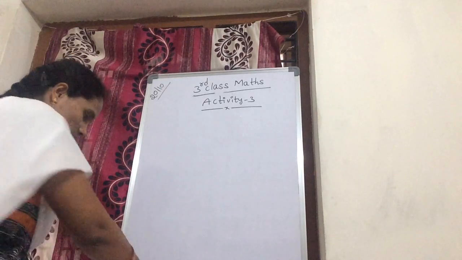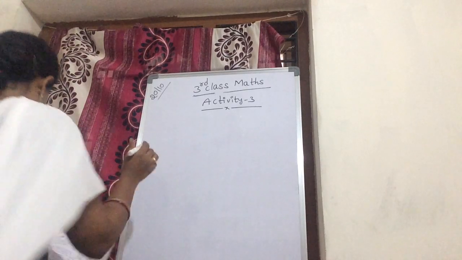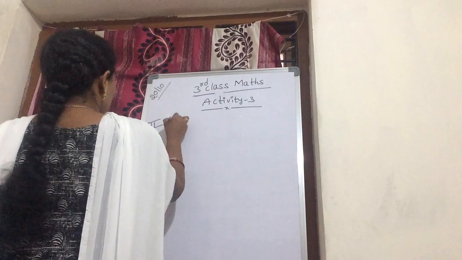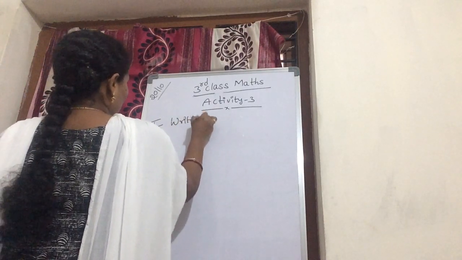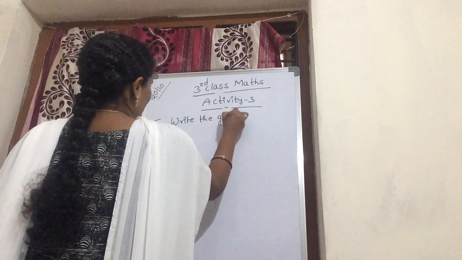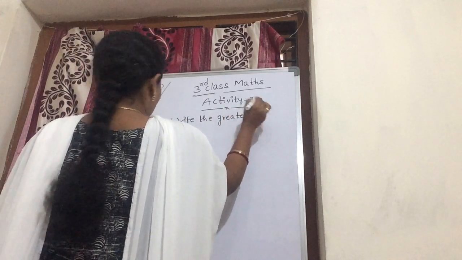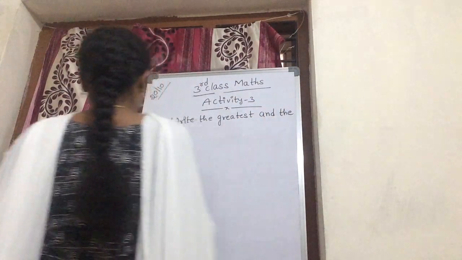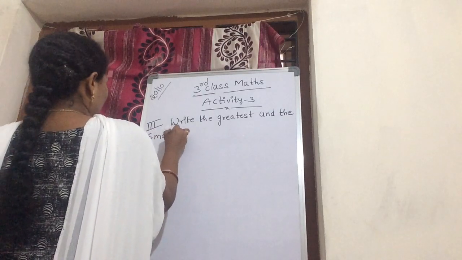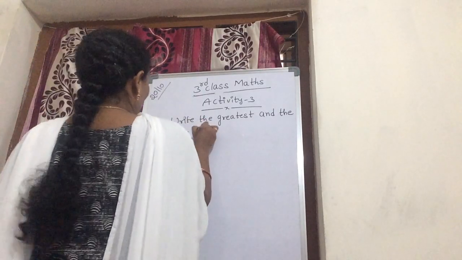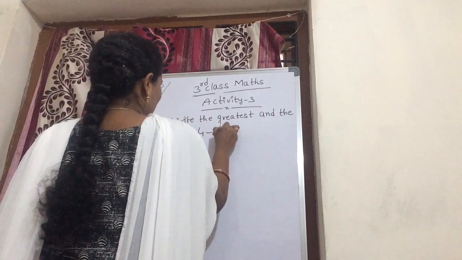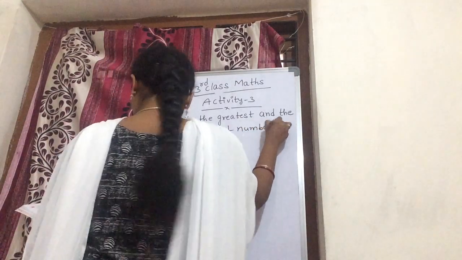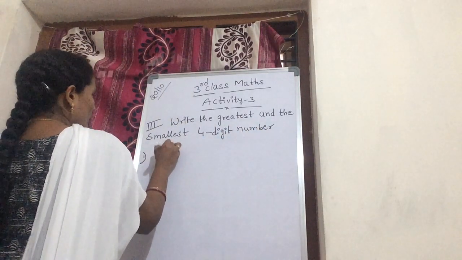Write the greatest and smallest 4-digit number by using the given digits.